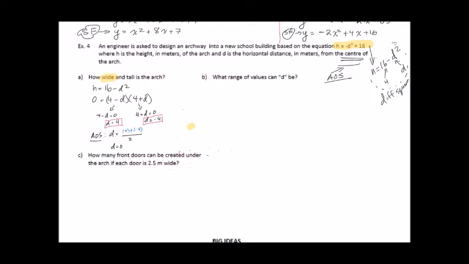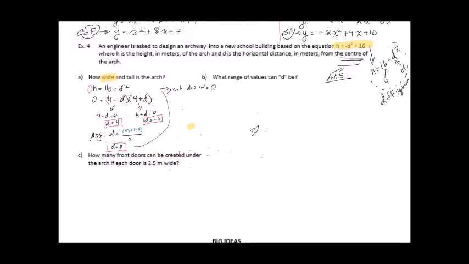Now, don't we normally take our axis of symmetry and back substitute into our original? Let's call this equation number 1 up here. So we're going to sub D equals 0 into equation number 1.